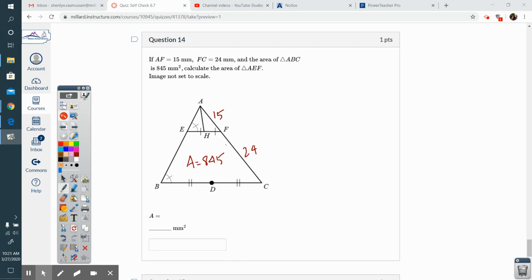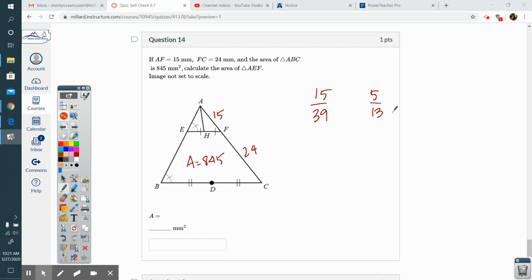Okay, so set that again in a proportion from the small to the big, and it's still just that same proportion. So 15 divided by, not 24, 15 divided by the total, which is 39. Simplify that and you get 5/13.